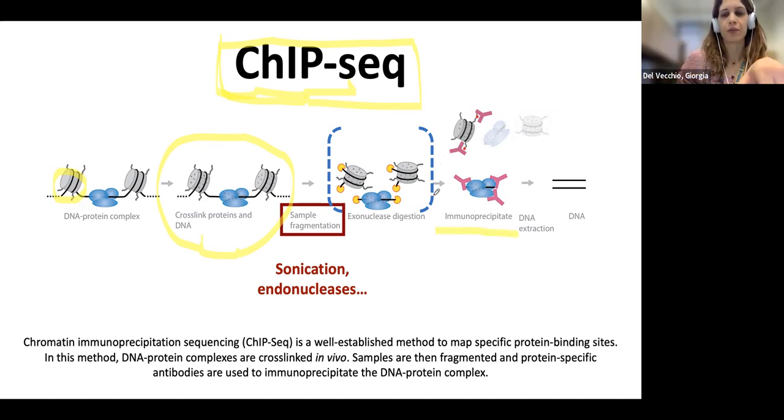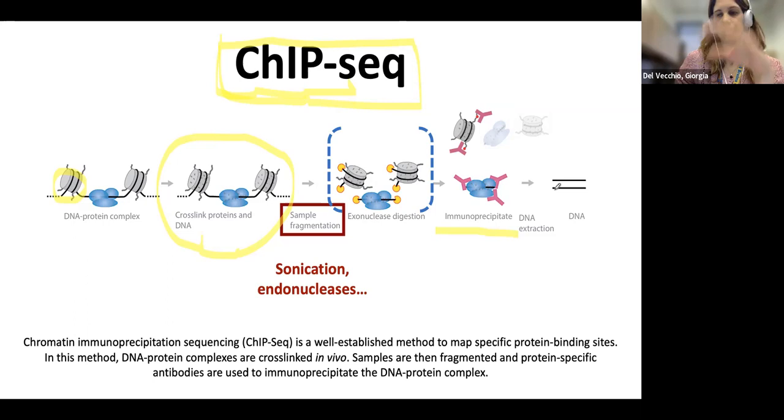After fragmentation, we are going to use specific antibodies. It depends on what we are interested in. It can be antibodies for a transcription factor or antibodies for a specific histone modification. So we are going to immunoprecipitate for a specific protein.